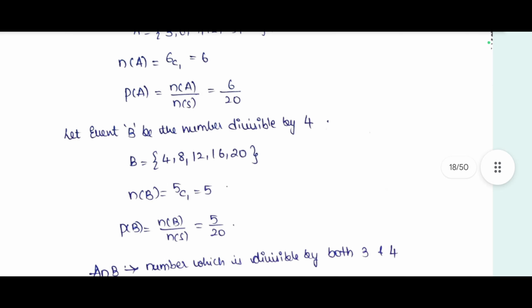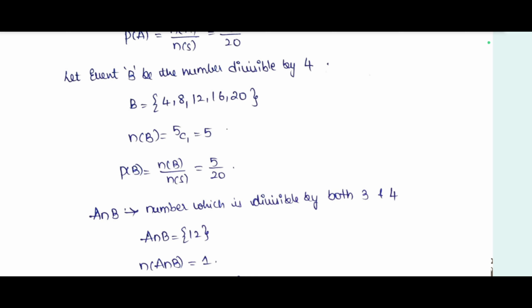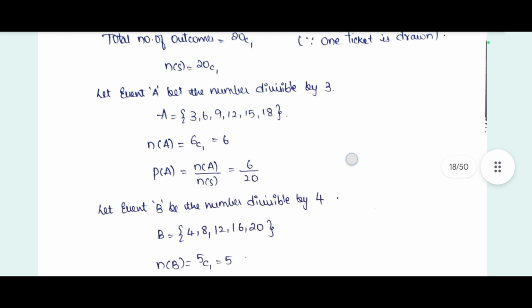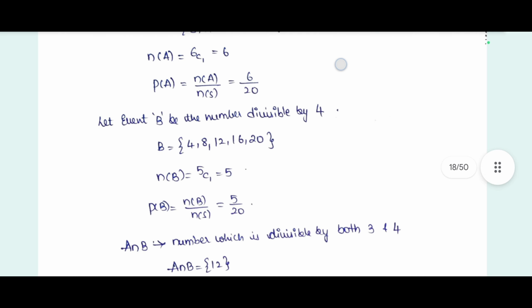Next, let B be the event that the number is divisible by 4. The possible cases are 4, 8, 12, 16, 20. So n(B) is equal to 5. For A intersection B, the number divisible by both 3 and 4, the only common case in both favorable events is 12.